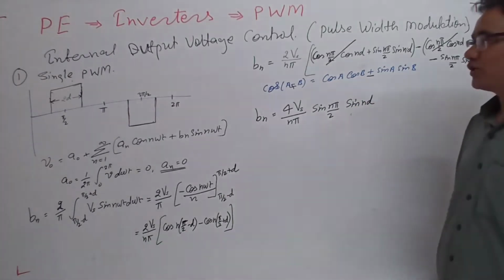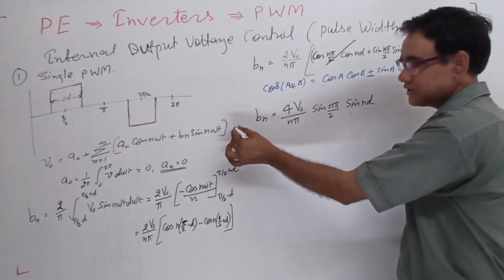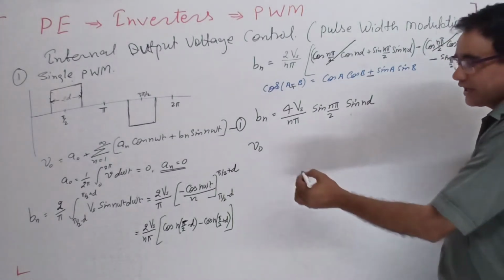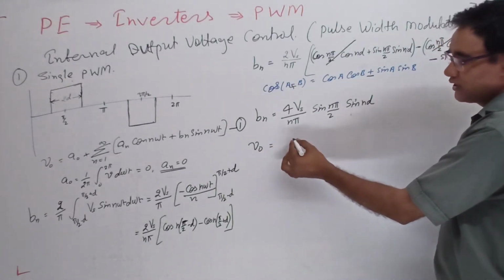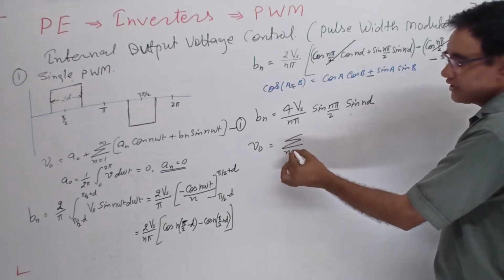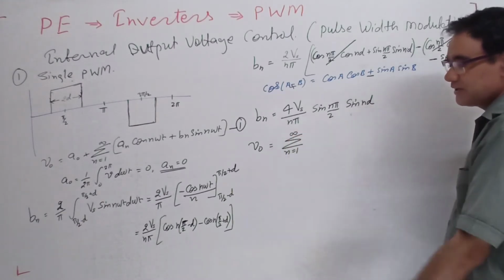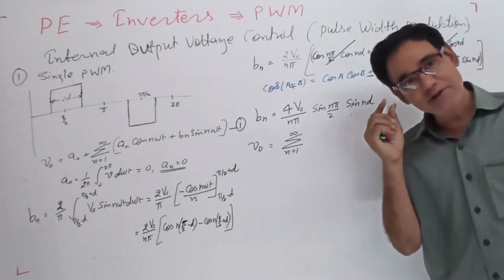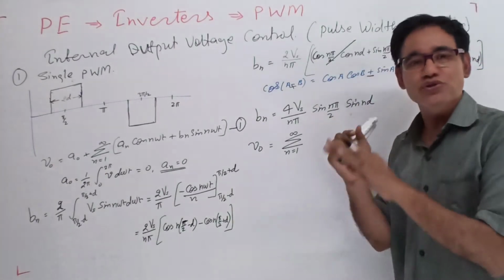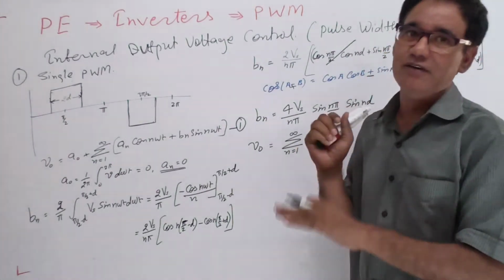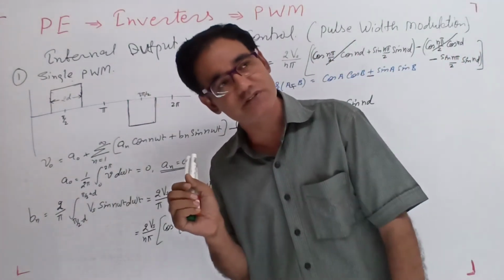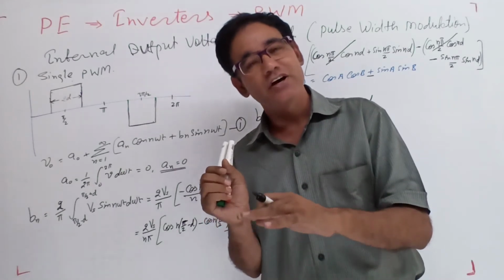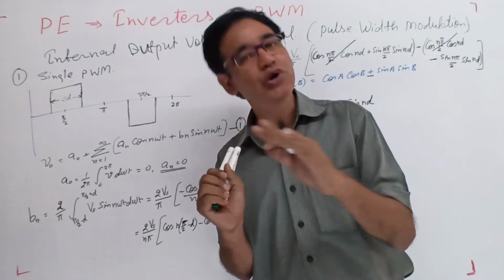So if Bn is equal to this, the output voltage as per equation number 1 is A naught equals the summation of n equal to 1 to infinity. And we also know that if the wave has zero symmetry, symmetrical over the positive and negative axis, it has only the odd harmonics, not the even harmonics.